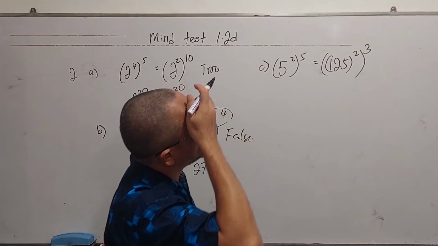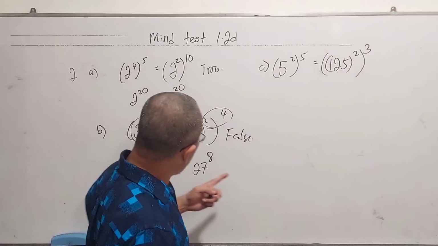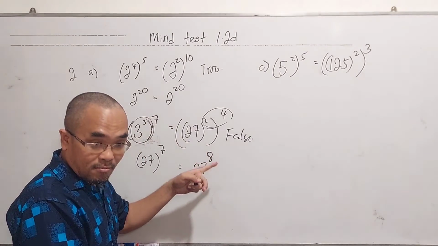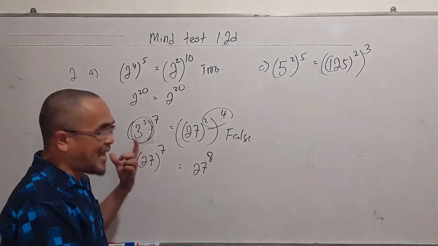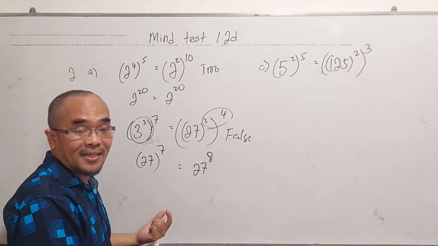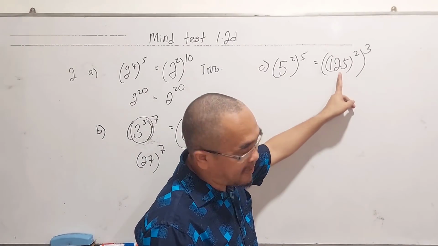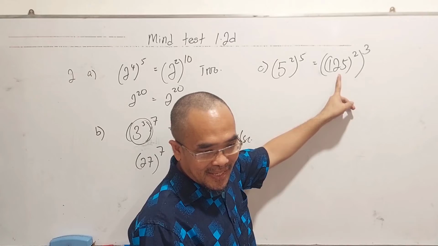Okay. So, you do not have to change on the left to the right. You can change the right to the left also. What is important? That the bases are similar. Okay. So I pick here 125 here is 5 to the power of 3. Do you understand that?